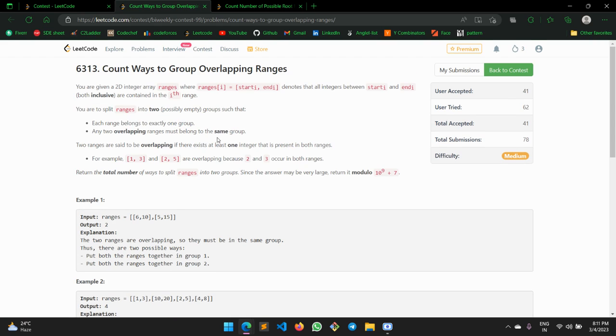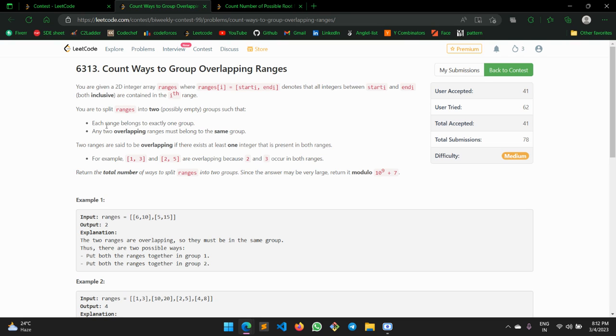Count ways to group overlapping ranges. Multiple ranges are given, where the ith range starts at start_i and ends at end_i, and counts the digits between them contained in the ith range. You are to split ranges into two, possibly empty groups. Each range belongs to exactly one group.